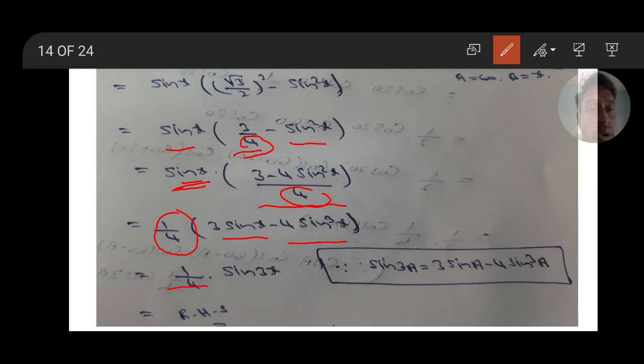That is 1 by 4 into, we have the formula 3 sin a minus 4 sin cube a equal to sin 3a. Instead of a, here we have x, therefore sin 3x. That is RHS, 1 by 4 sin 3x is the RHS.